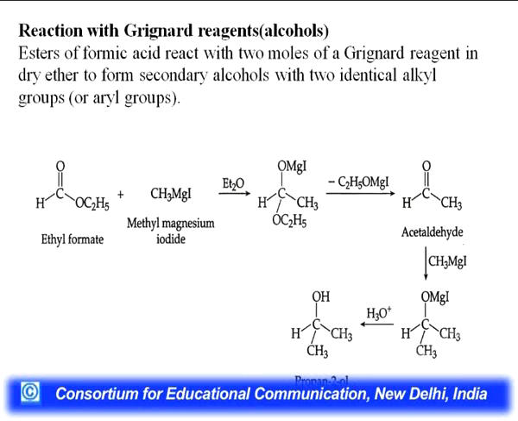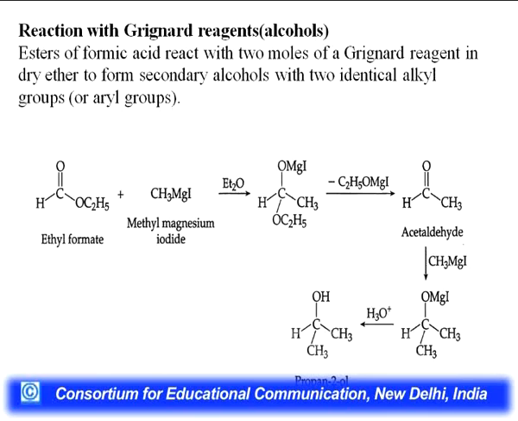Next reaction is with Grignard reagent. Alcohols are produced here. Esters of formic acid react with 2 moles of Grignard reagent in dry ether to form secondary alcohols with 2 identical alkyl groups.